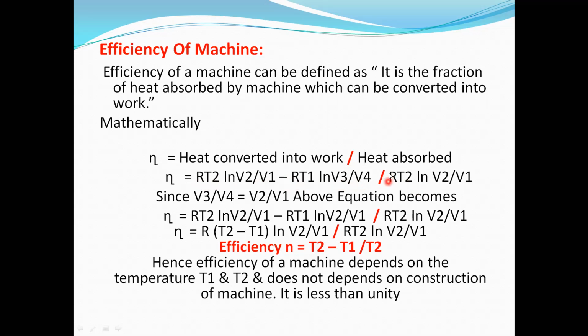Now this whole is divided by heat absorbed, which, as we have seen in the Carnot first theorem, is RT2 ln V2 divided by V1. So this is the value of heat absorbed.